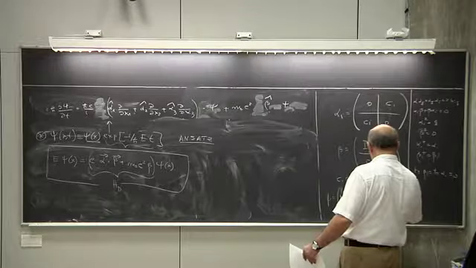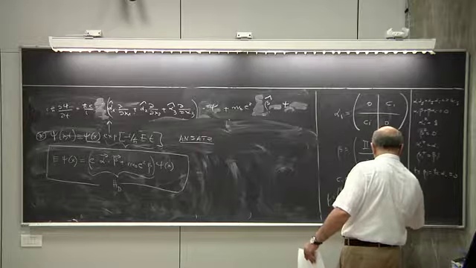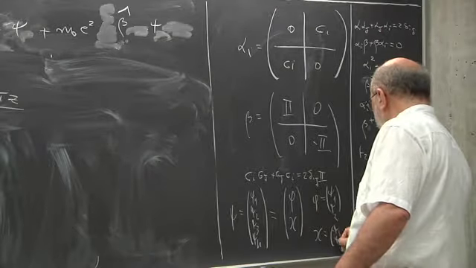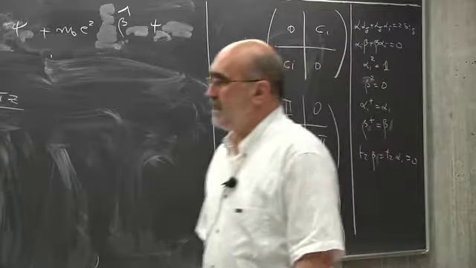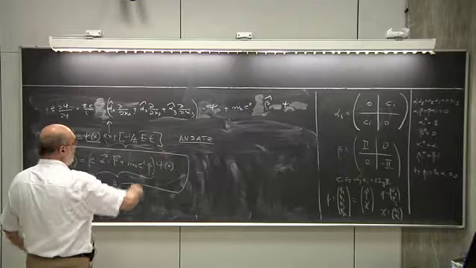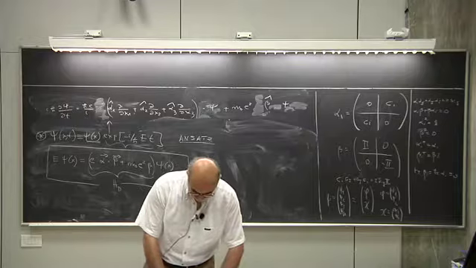So phi is psi 1, psi 2, and chi is psi 3, psi 4. Let me write them in this manner. The reason I do is because from the form of the alpha it is then easy to derive the equation.